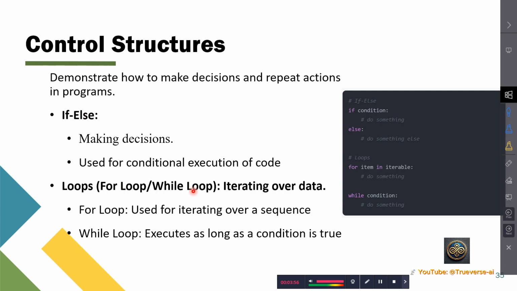But for loops or while loops, these loops allow us to iterate over data. For loops are useful when you know the number of iterations. While loops are better when iteration depends on a condition being met.